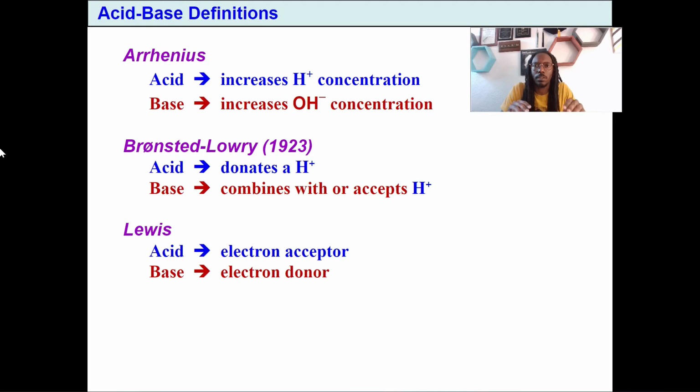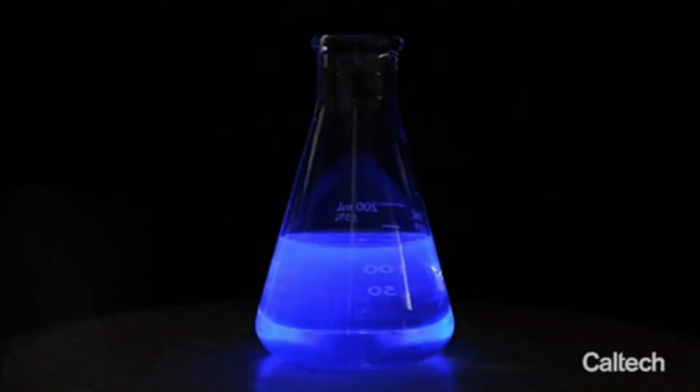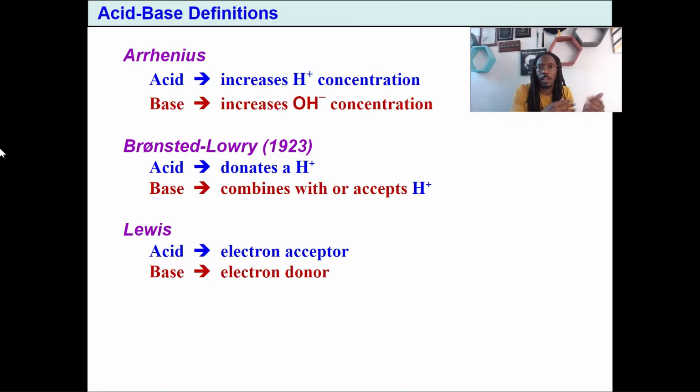What's missing is that Arrhenius also said it had to be in an aqueous solution, while producing H+ or OH- ions. So this was very limited in what we consider to be an acid or base. We couldn't consider other things.